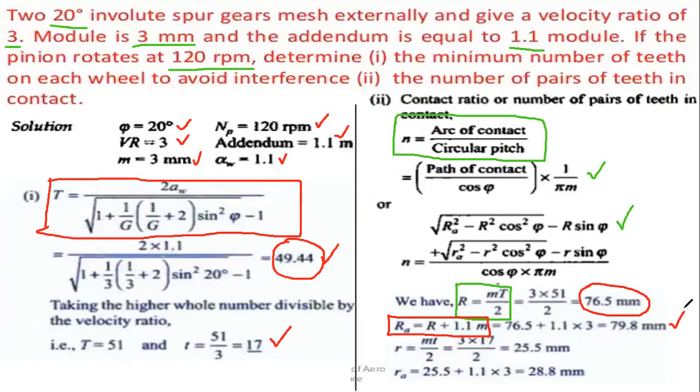Then it is 76.5 plus. So we have taken the module as 3 and the teeth as 17, sorry, not thickness, divided by 2. That is in total 25.5 mm.